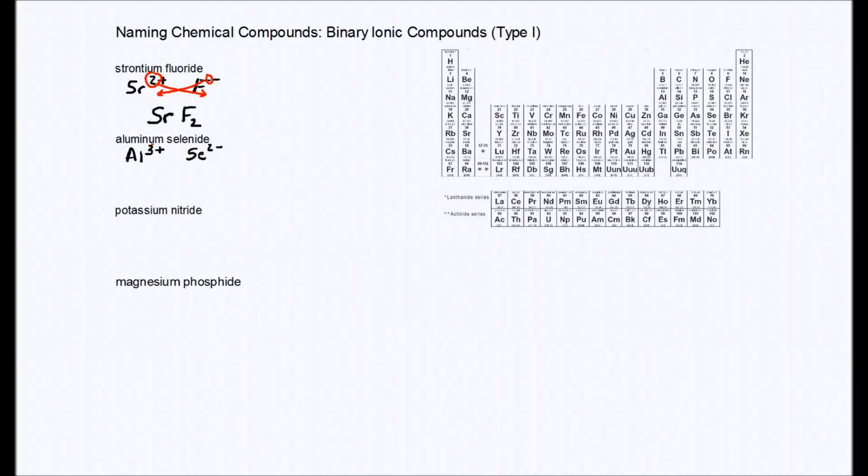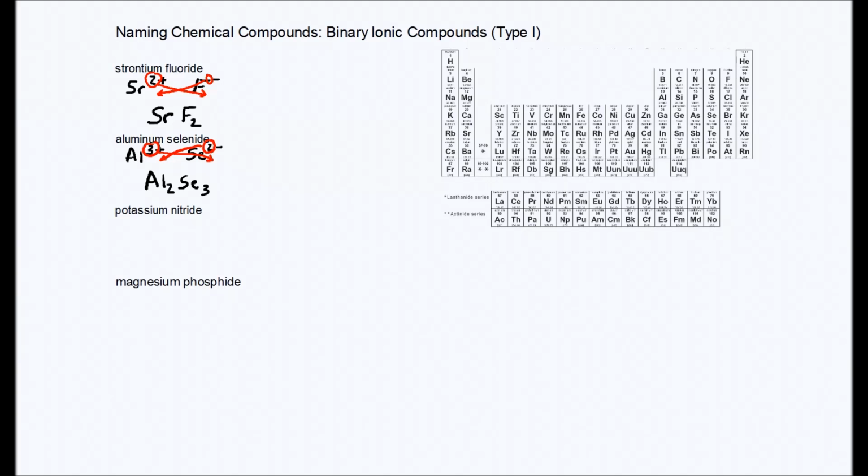Once again, we cross the charges. So this 3, that 2, we take them down here as subscripts. And so what do we get? We get Al2Se3. Potassium nitride.